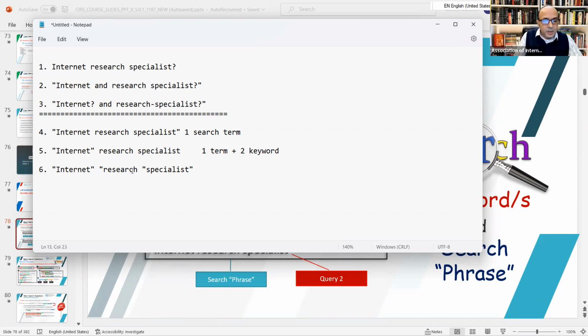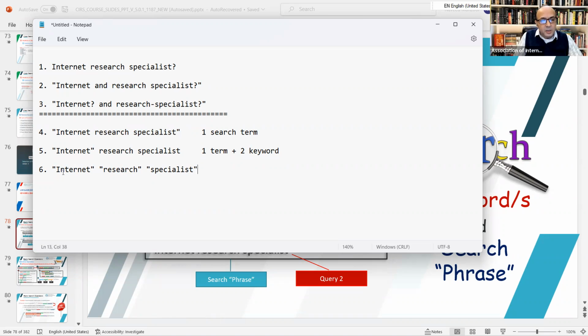Similarly, if we look at query 6, what have we done here? We have used three words all inside of the quotation marks, but there is a difference between 4 and 6 in terms of what the results would bring and the quantity of results that you will get to see. What is the differentiator between 4 and 6? In 4, all three will be matched.